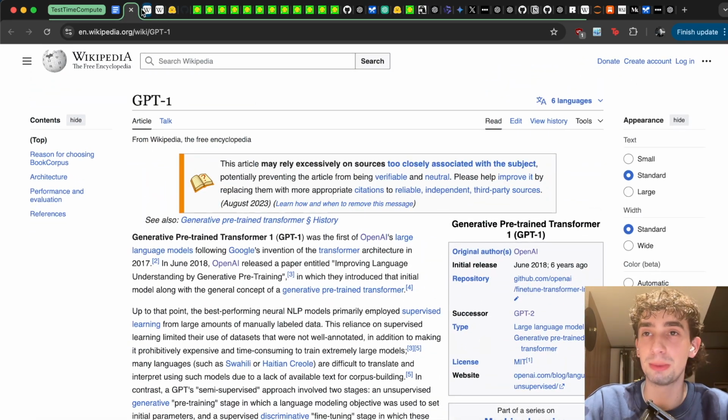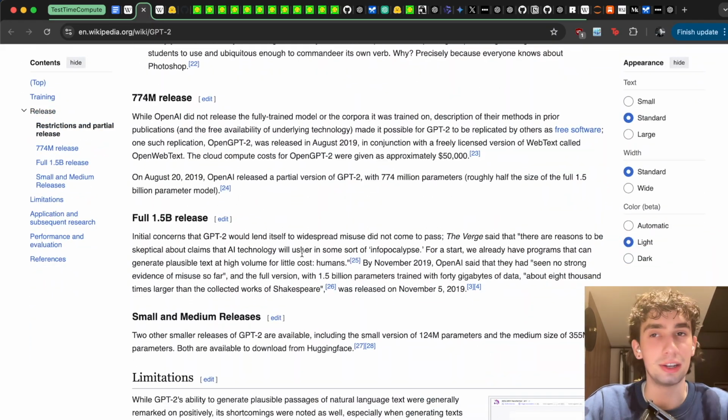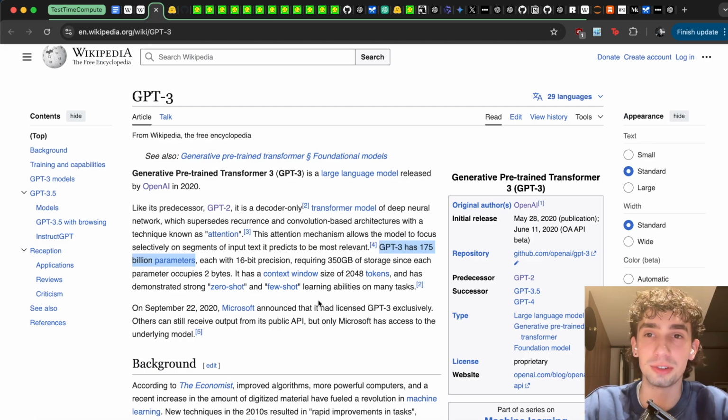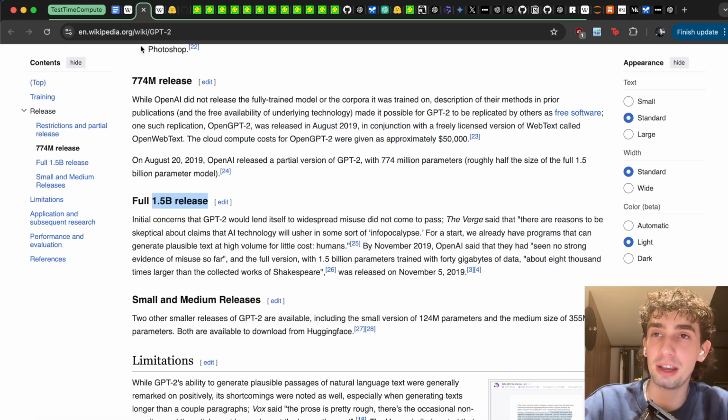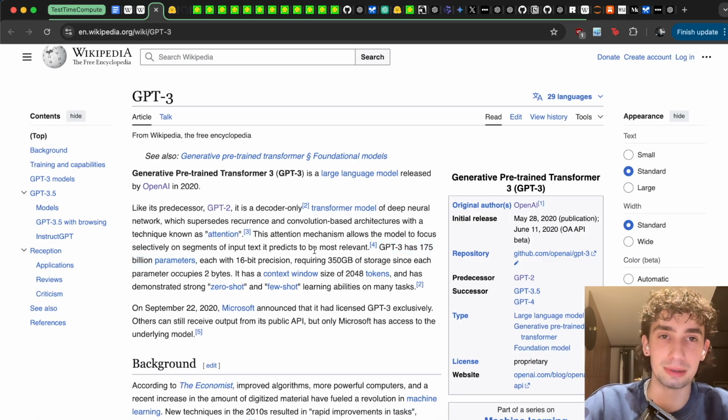Following the release of GPT-1 was, of course, GPT-2, which came out in a few different releases, but their biggest and most popular one was 1.5 billion parameters. Through scaling up to even more parameters, we saw increased performance. This increased performance definitely didn't stop with the release of GPT-3, which went from a measly 1.5 billion parameters up to 175 billion parameters.